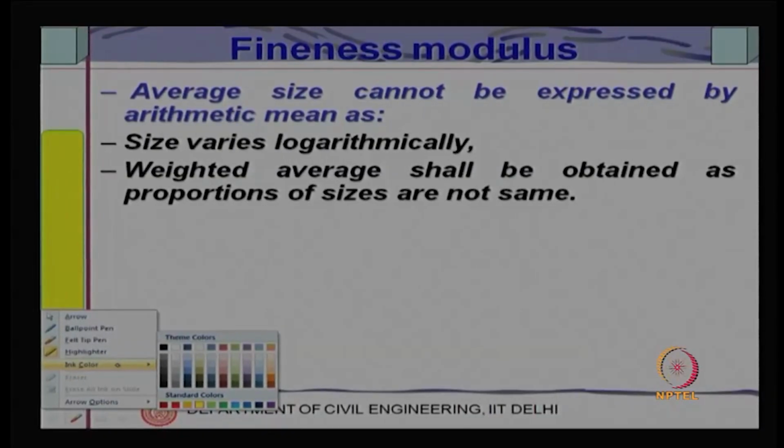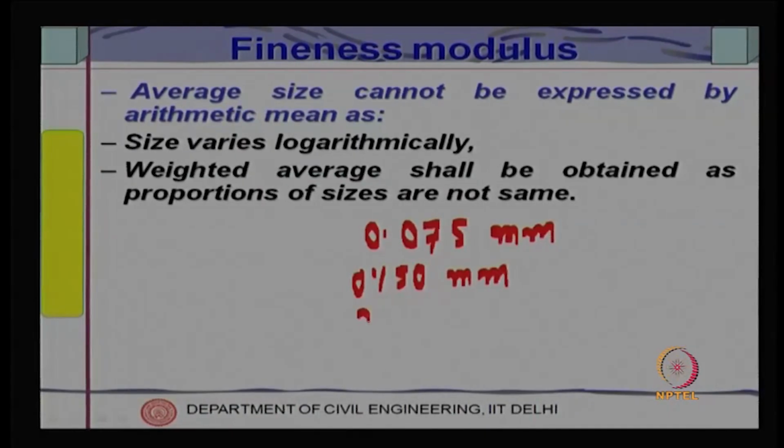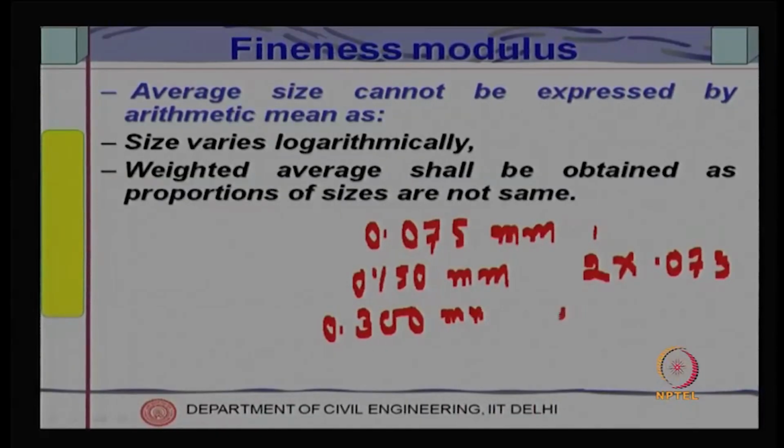In other words, they vary in geometric proportion, like the minimum size is, let us say, 0.075 mm, the next size is double of it, 0.15 mm or 150 micron, then 300 micron or 0.3 millimeter and so on. So, you can see that this is 2 into 0.075, and this is 2 into 0.15. So, it varies in geometrical progression.